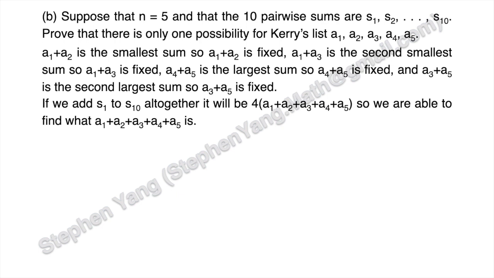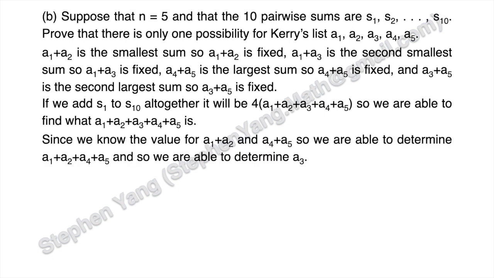And then if we add all s1 to s10 together, we will have 4 times (a1 plus a2 plus a3 plus a4 plus a5). So we'll be able to determine what a1 plus a2 plus a3 plus a4 plus a5 is.